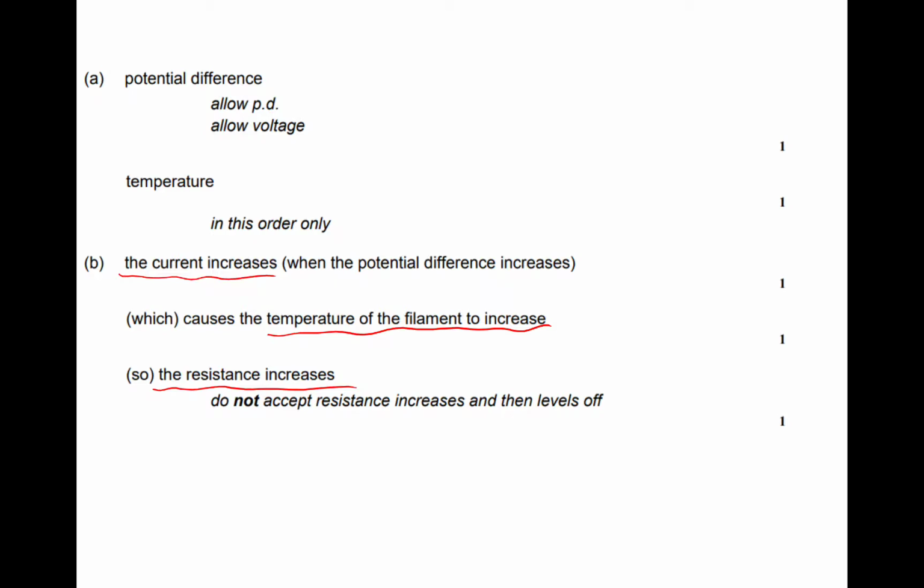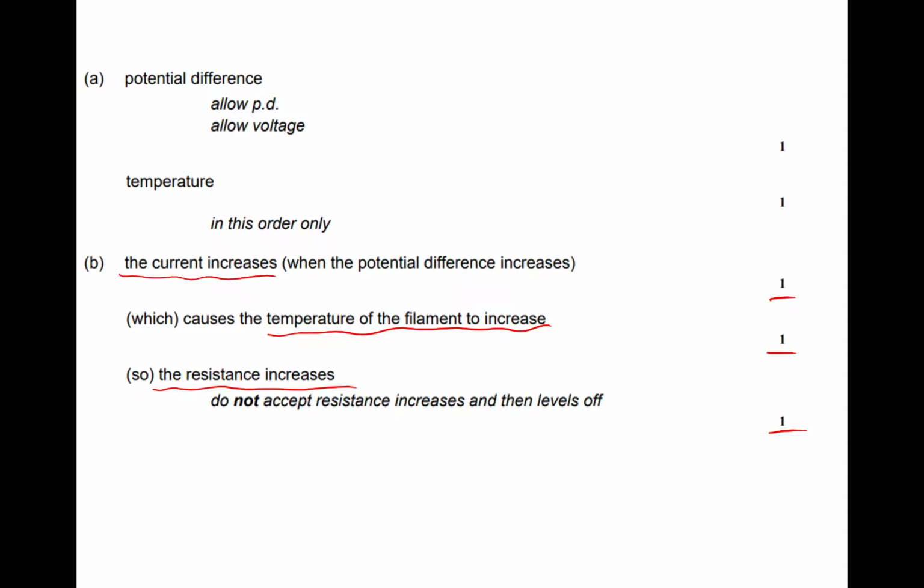Therefore, the resistance increases. Really nice and straightforward. 3 marks. Logical answer. I would have written: increase voltage, increase current, temperature of filament increases, therefore resistance increases. So hopefully our answers are along those lines.